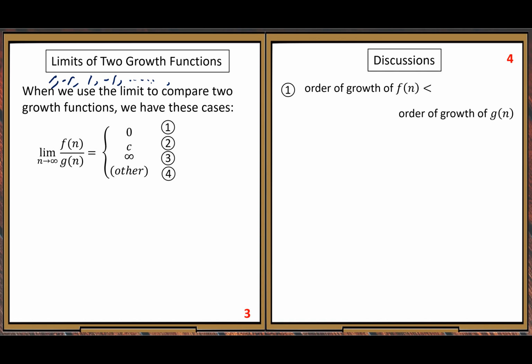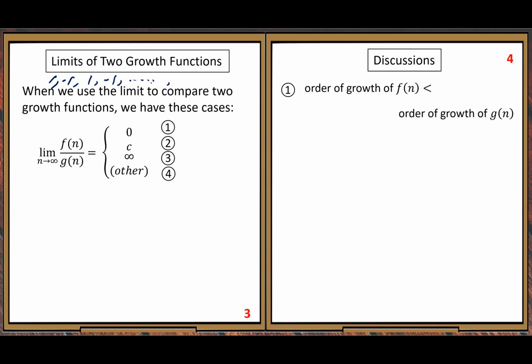We compare which one grows faster or slower. To talk about that, we use a terminology, order of growth. The f function grows with a certain order, so we call it order of growth.